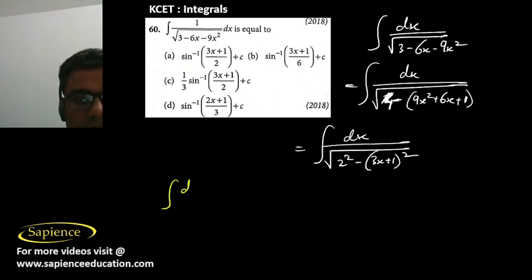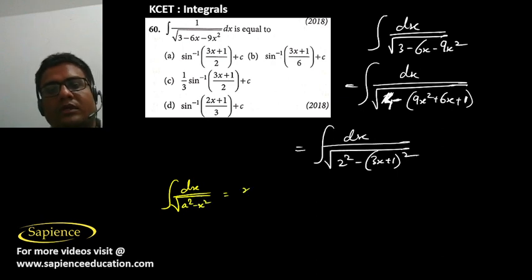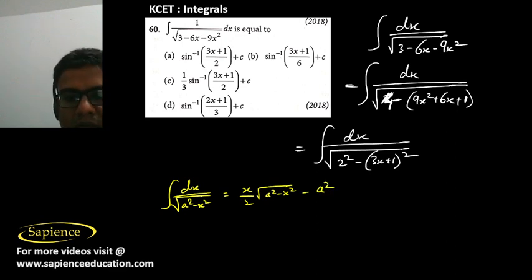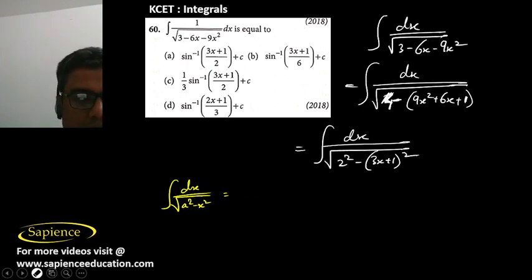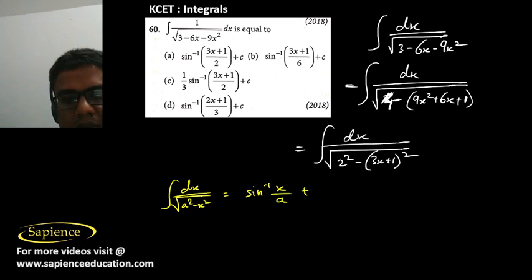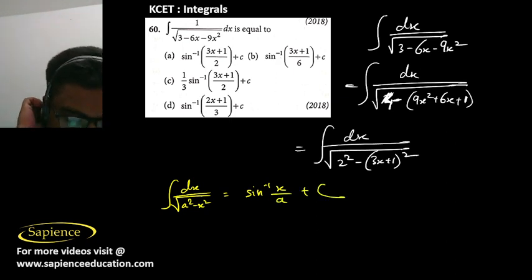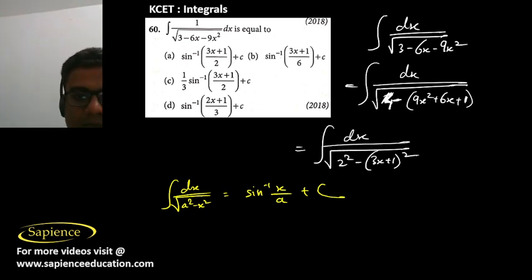We know that the integral dx by square root of a square minus x square is equal to sine inverse x by a plus c.